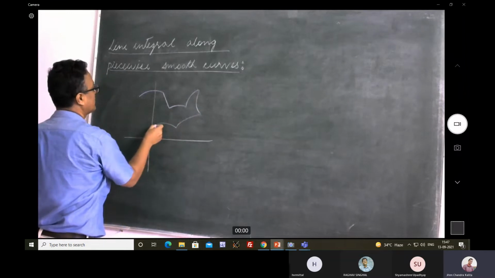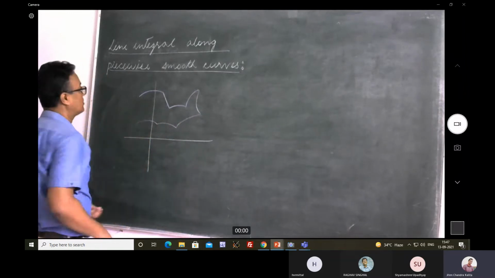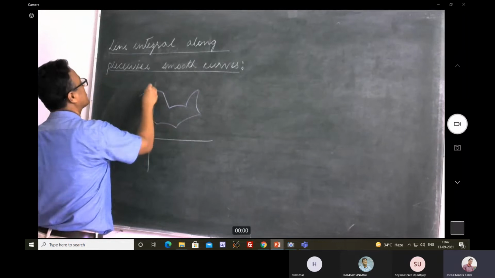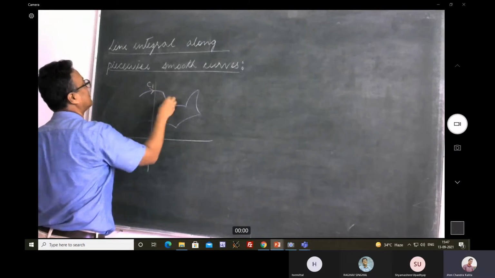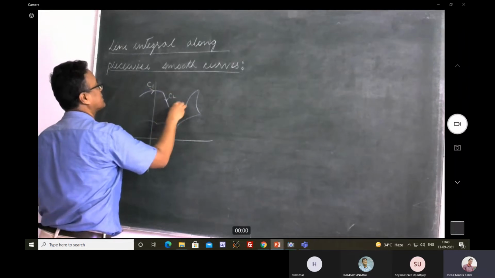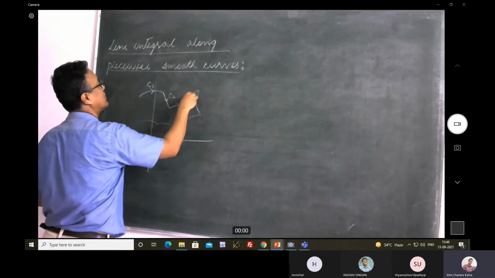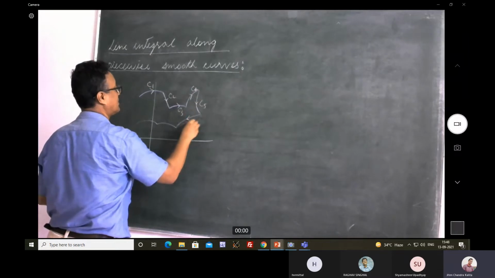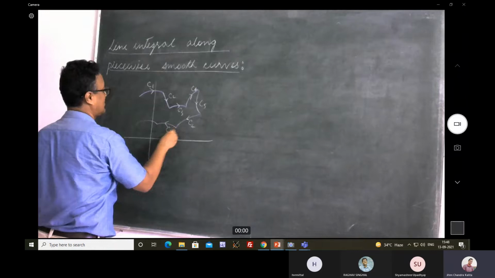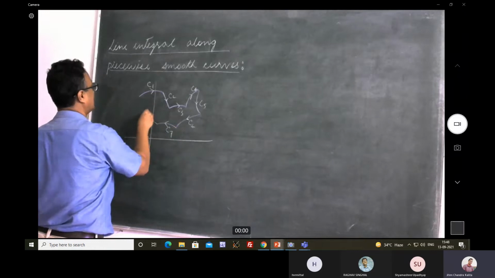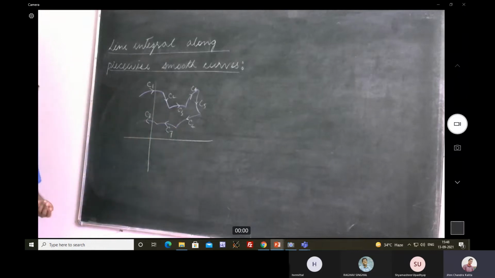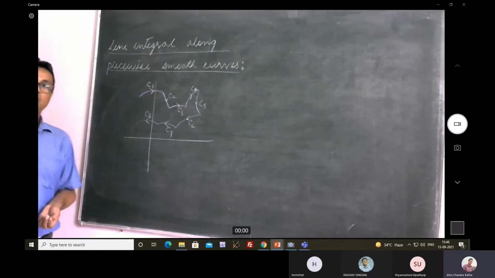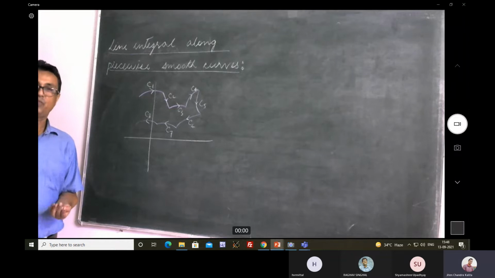It may be something like this. Are you getting my point? It is something like this. It is piecewise smooth, it is smooth only along certain portions.